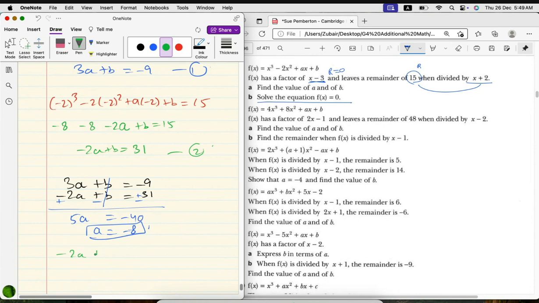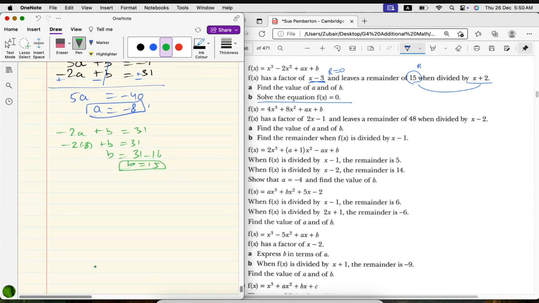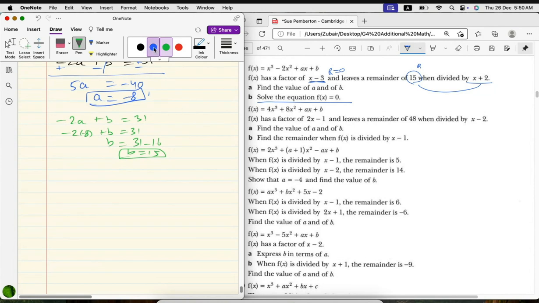Minus 2a plus b is equal to 31, minus 2 into minus 8 is 31 plus 16. So f of x is x cubed minus 2x square, and a is minus 8x, and b is 15.